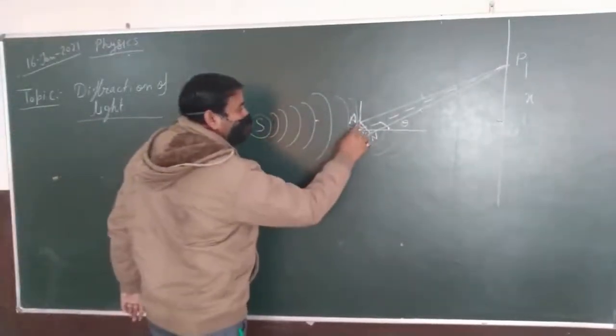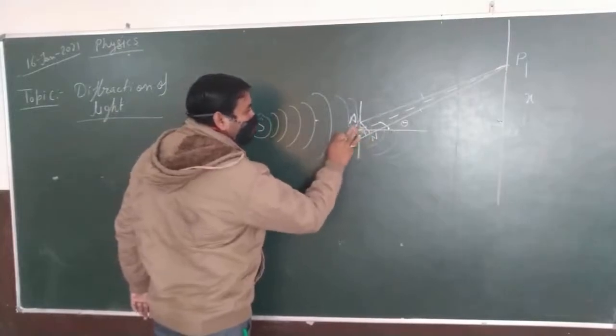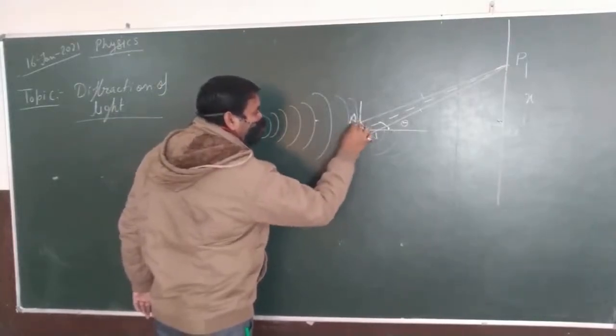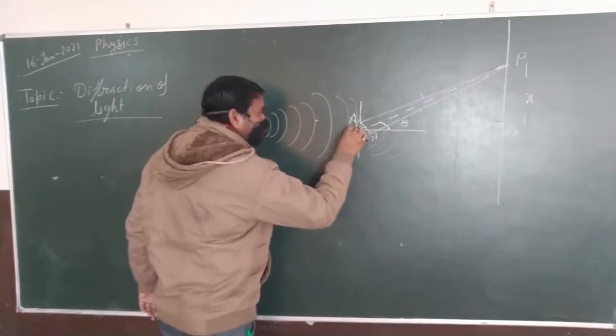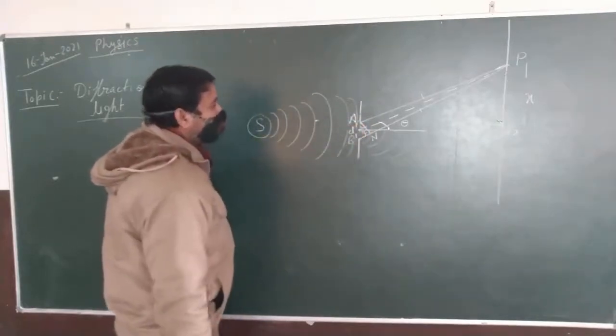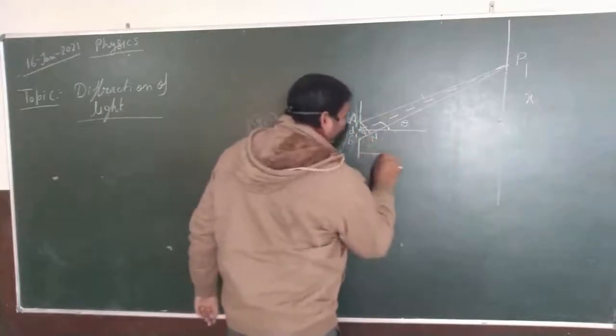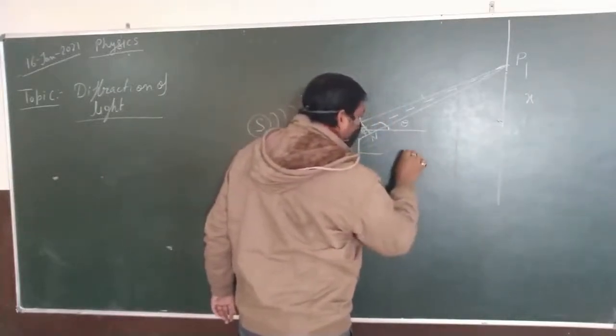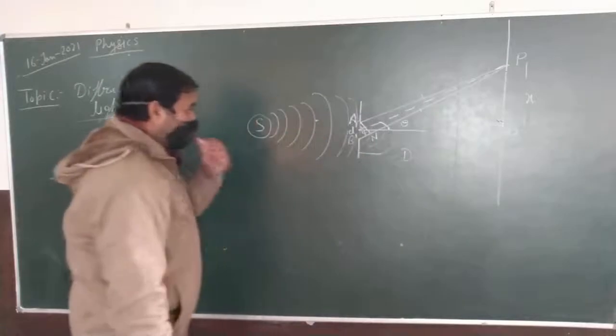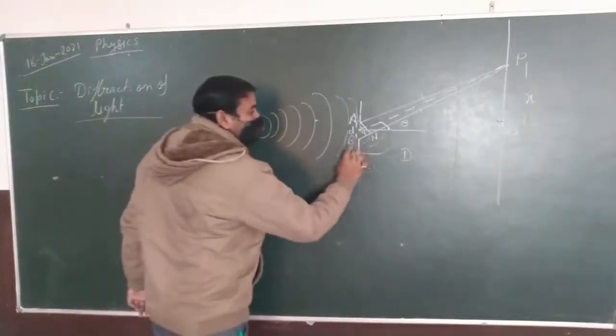Okay. Now the distance between A and B is small d. This will be x, and this is the total distance, which is D. Okay. So we need to calculate this result.